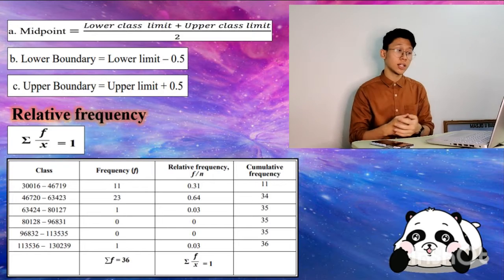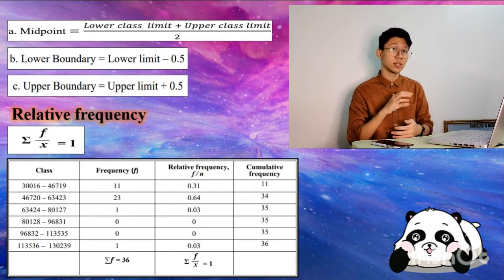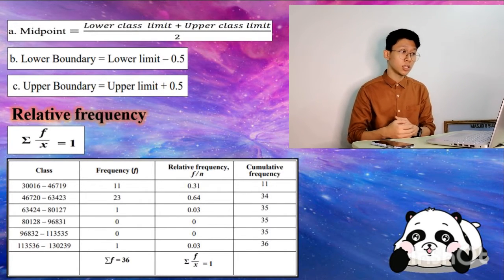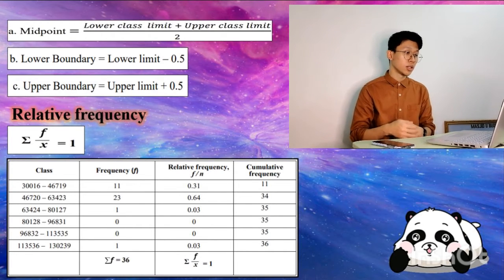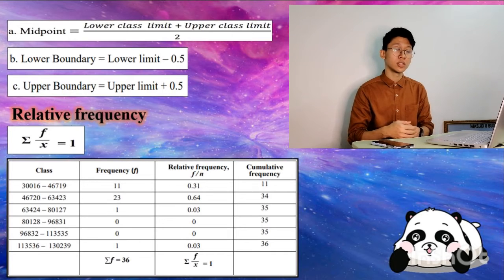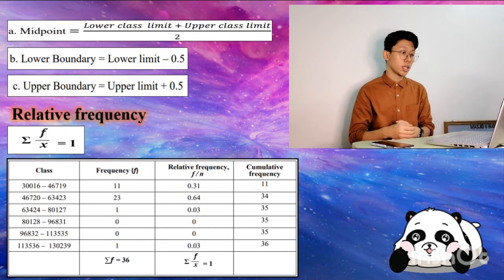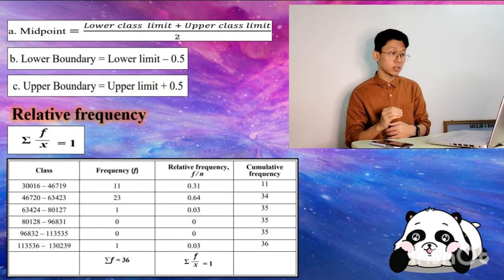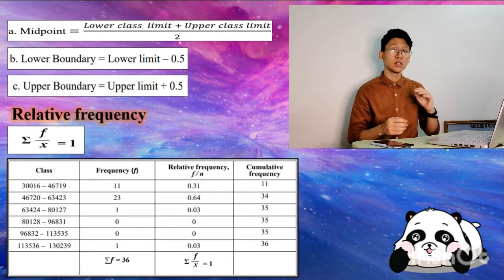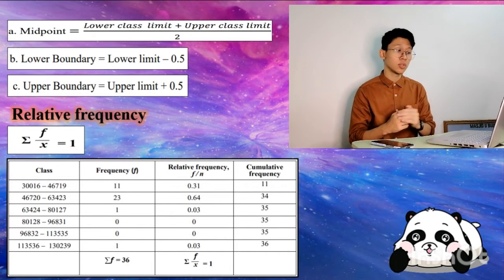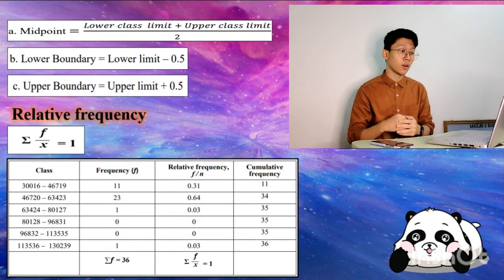And then I have to find the midpoint, using the formula lower class limit plus upper class limit divided by 2. Then for lower boundary, I use the formula lower limit minus 0.5. And then upper boundary, I use the formula upper limit plus 0.5. And then after I got all the data about the midpoint, lower boundary, and upper boundary for all the classes, I put them in a table.